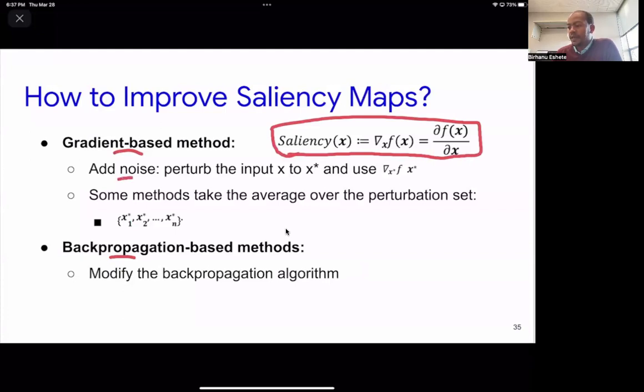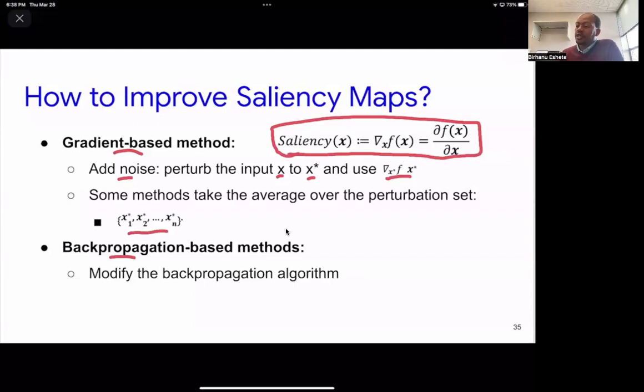You perturb the input X to X star, and instead of computing the gradient at the input X, you compute the gradient of the perturbed version of the input. You can do the perturbation, or adding the noise, multiple times for the same input and take the average. Some methods do the average as well.